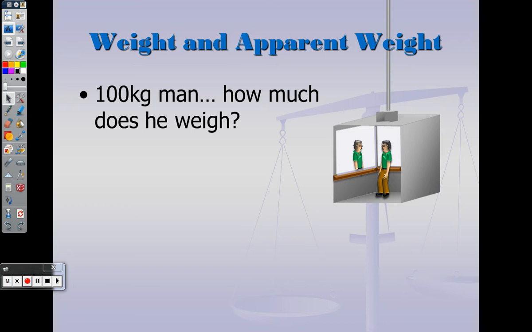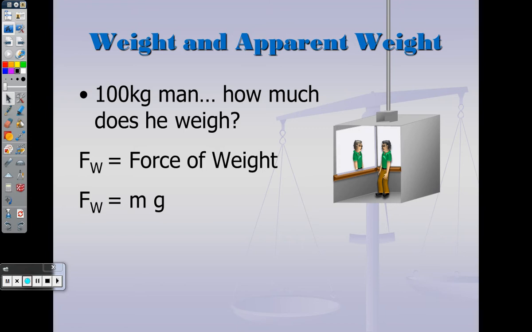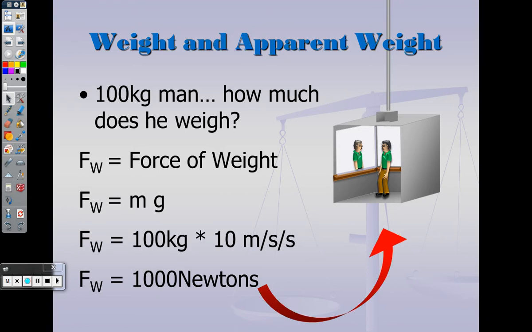Why 10? Because that's gravity. 10 meters per second squared. Okay? So to find weight, you just take the mass and multiply it by 10 meters per second squared if you're on Earth. Okay, in this case we are. So, how much does our guy weigh? 1,000 newtons. Okay?